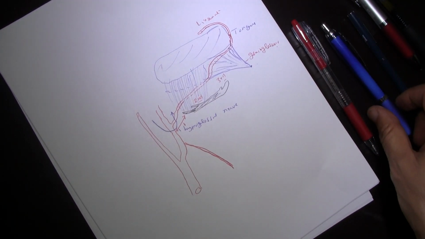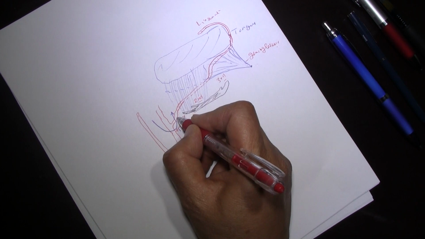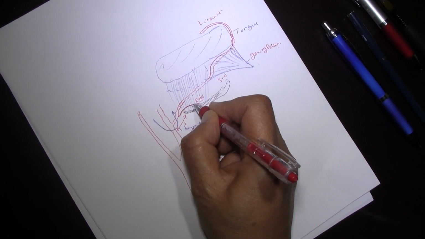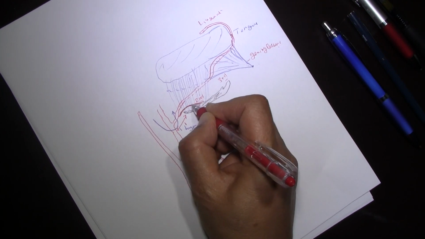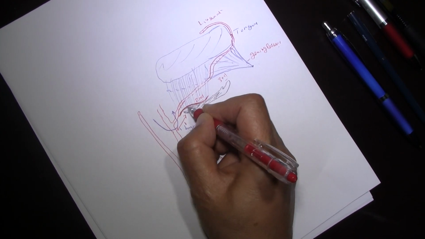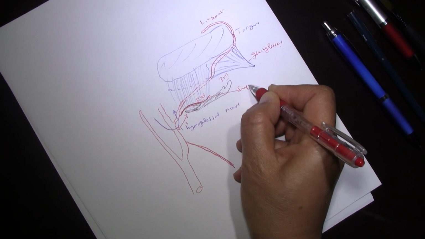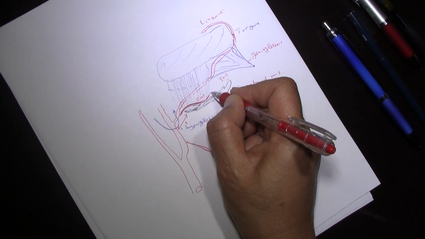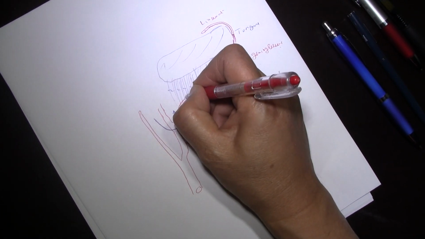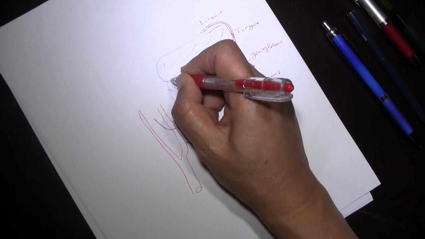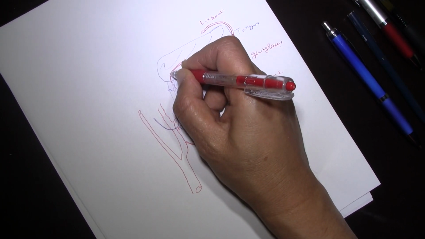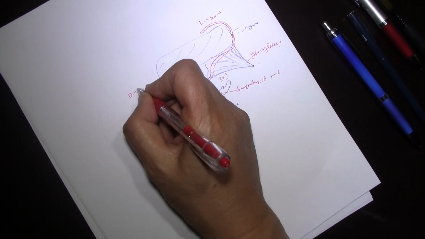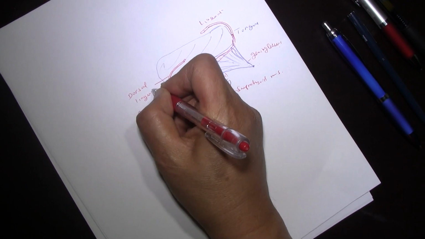So what are branches of this artery? The first part of the artery, before hiding under the hyoglossus, sends suprahyoid, above the hyoid bone. This is the suprahyoid, which anastomoses with the suprahyoid from the other side. So this is suprahyoid artery, supplying muscles. The second part is going to send dorsalis lingual artery, which is going to the dorsum of the tongue, dorsalis or dorsal lingual artery.